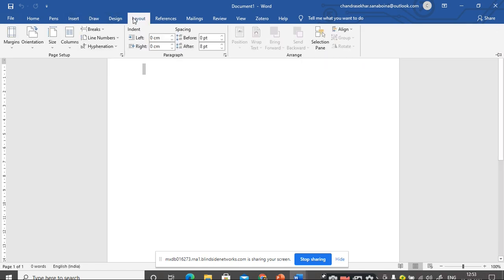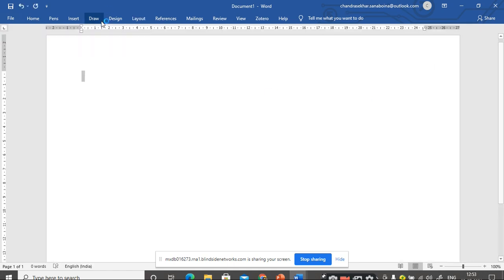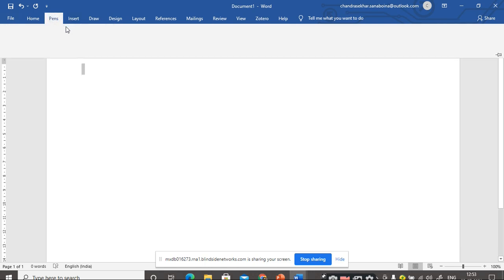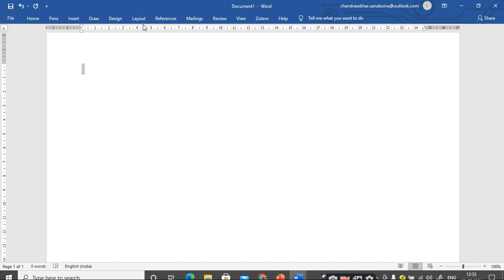Are you able to see the screen? Yes, sir. So we are going to discuss a very important point on the construction of a B tree.